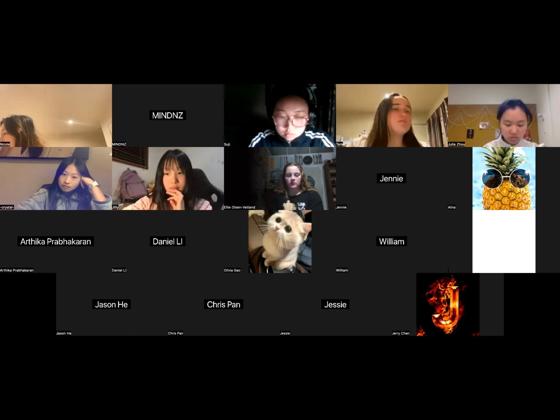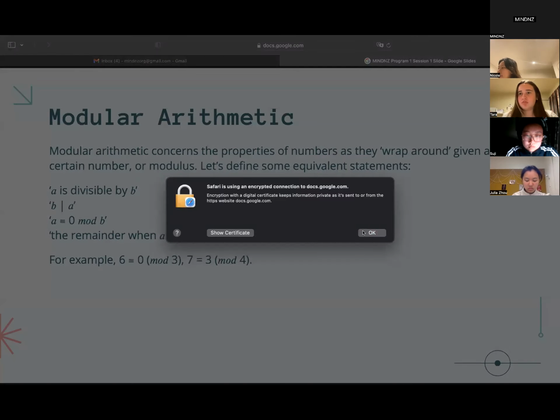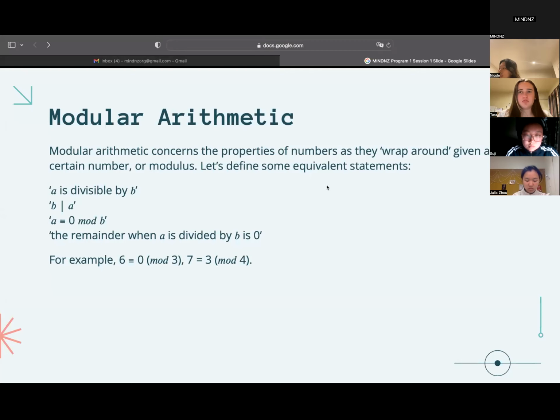It's going pretty well. And then a bit later in the session, I'll talk about how exactly they wrap around with some more visuals, and then hopefully we can all understand modular arithmetic a bit better.